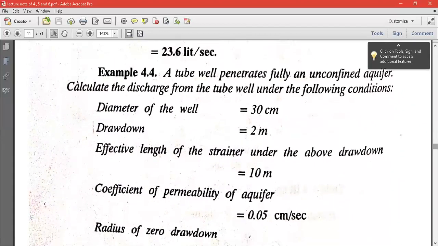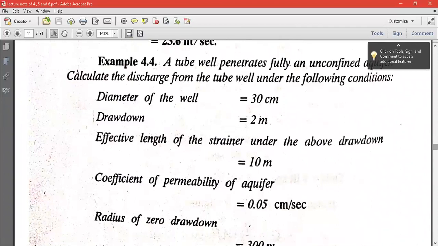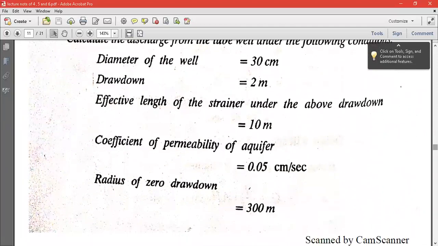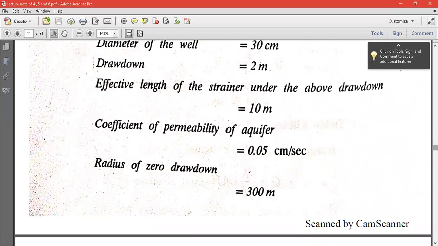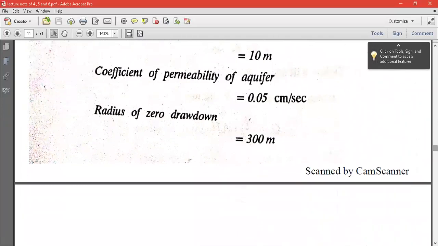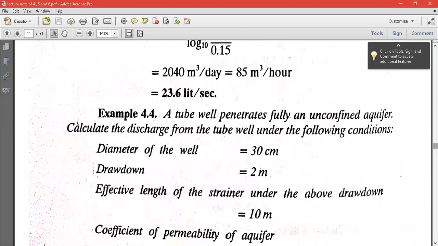Effective length of the strainer under the above drawdown is 10 meter. That is the small h part, that is the height of the water in the well. Coefficient of permeability of aquifer is given as 0.05 centimeter per second. And radius of zero drawdown, we can say radius of influence also, that is capital R equal to 300 meter. So what do you have to find out? You have to find out the discharge.